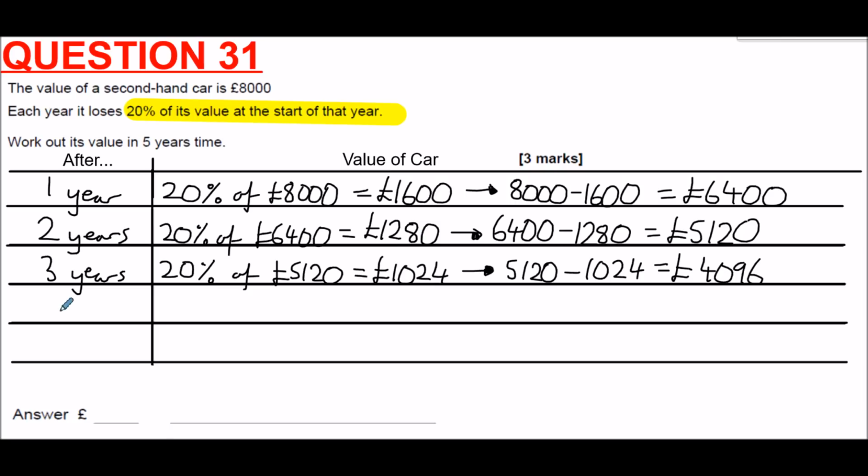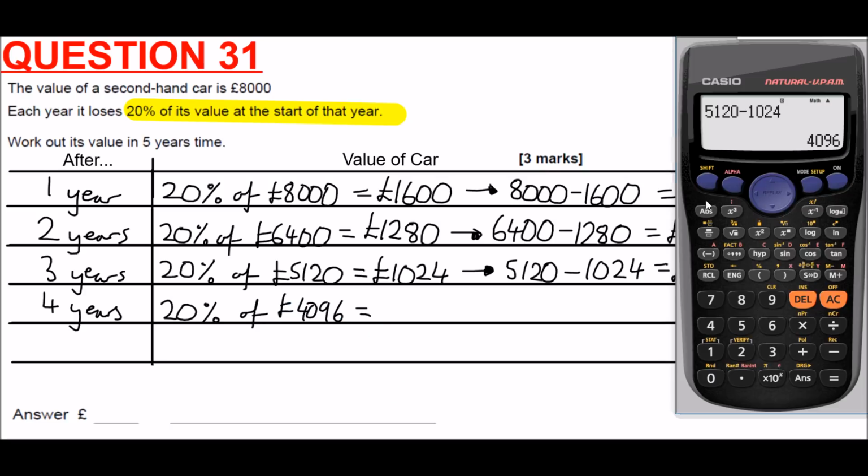Same deal again for year 4. We're getting there. Admittedly quite slowly, but stick with it. Now we're finding 20% of the value at the end of year 3. So 20% of 4,096, yet again 20 over 100 multiplied by 4,096 gives us £819.20.